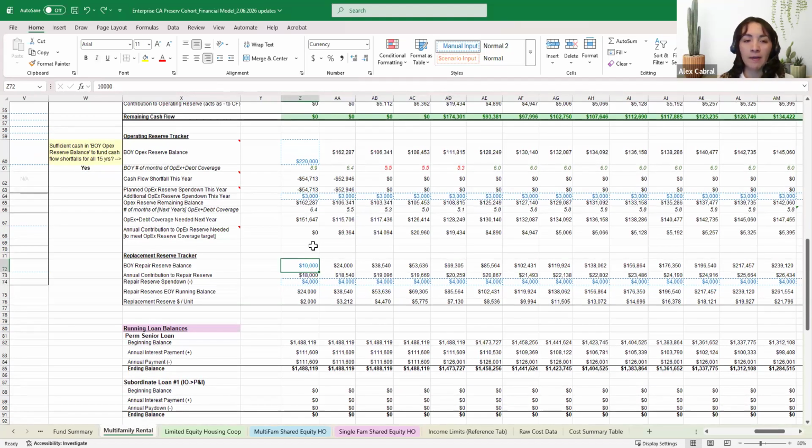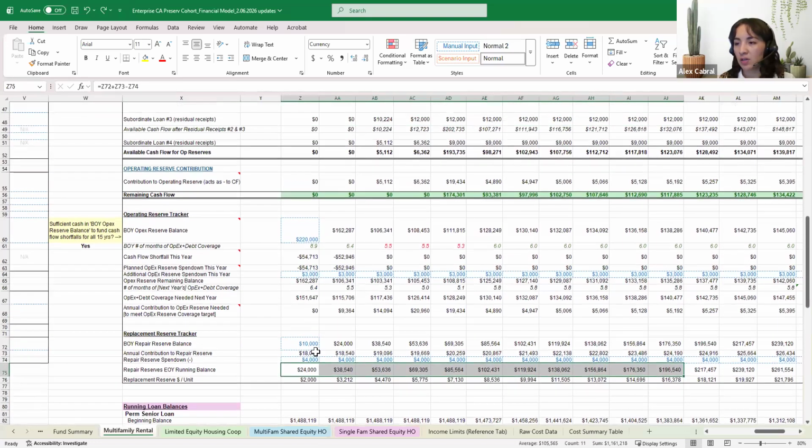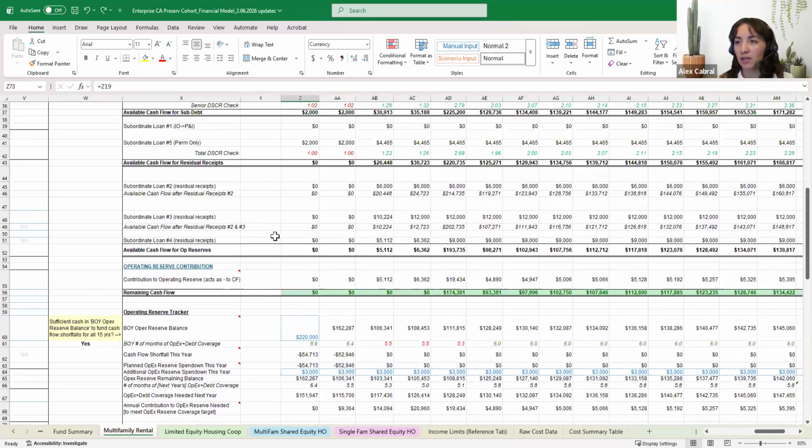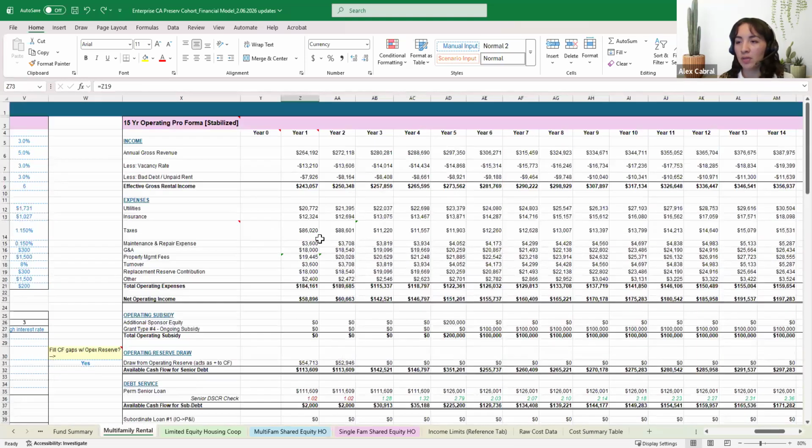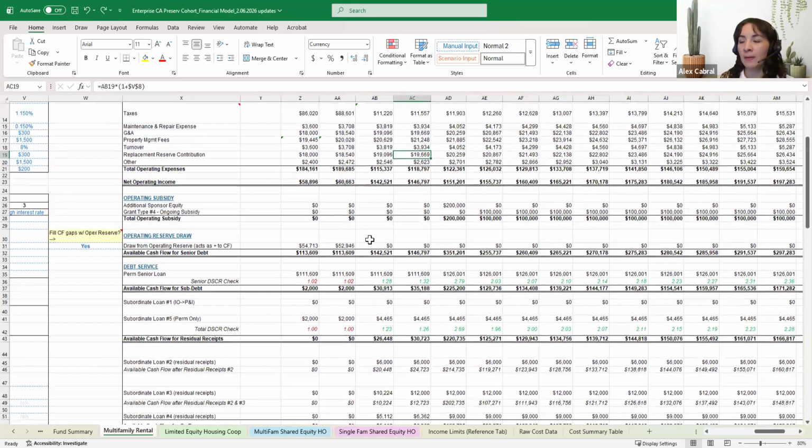Replacement reserve is similar. You're starting off, we're saying, with $10,000 because we're not sure how much you spent from what you put in the acquisition rehab budget, and you're spending out about 4,000. And this here is the running balance, and the replacement reserve is part of the expenses. So you will always be contributing to the replacement reserve, so ideally it would always have a running balance.